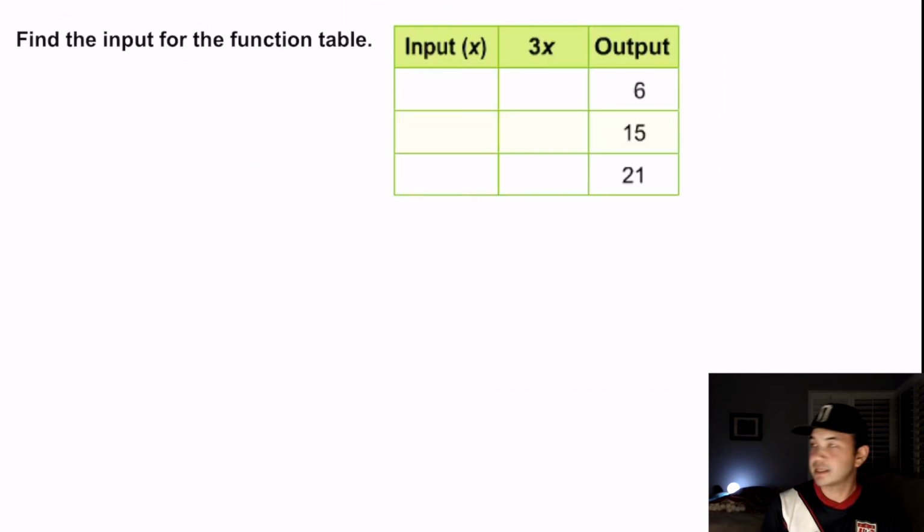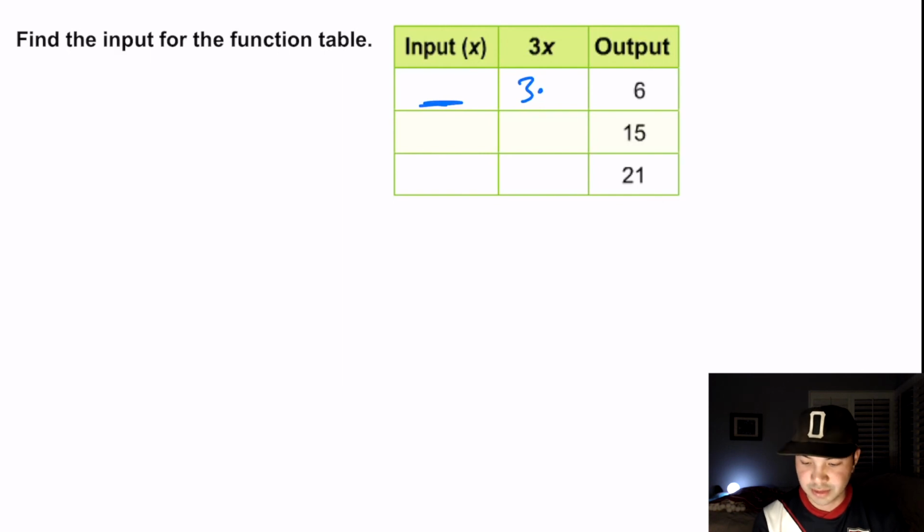Okay, and the last kind of example here is if you don't know what the input is, but you're given the rules over here. So this is saying, what did I do here? I multiplied something by 3 to get 6. So this is 3 times something to get 6.